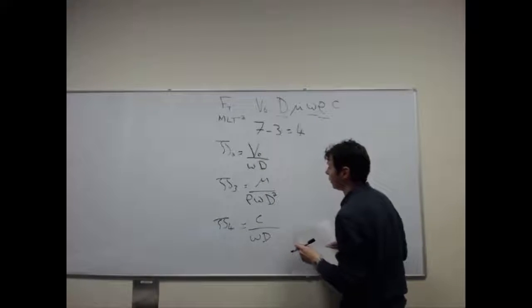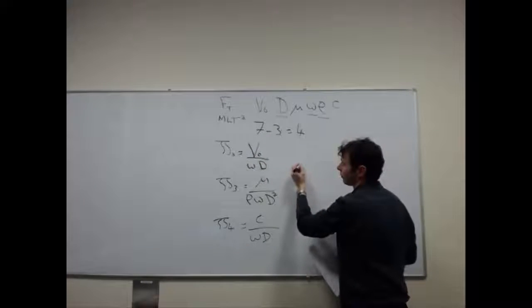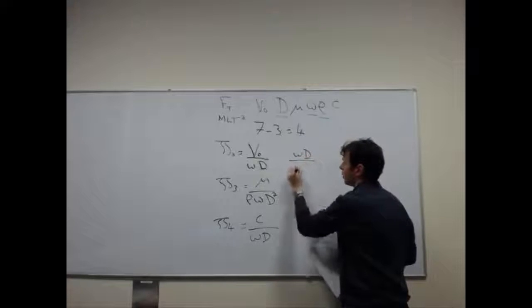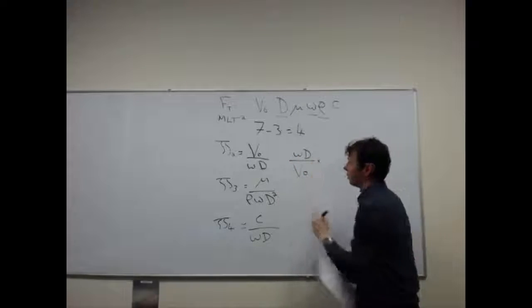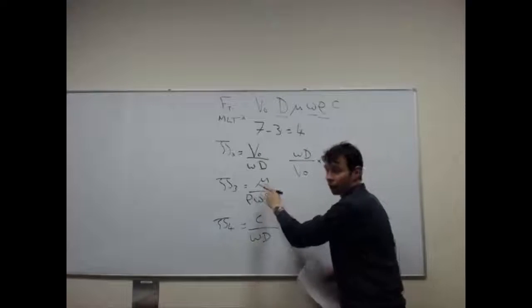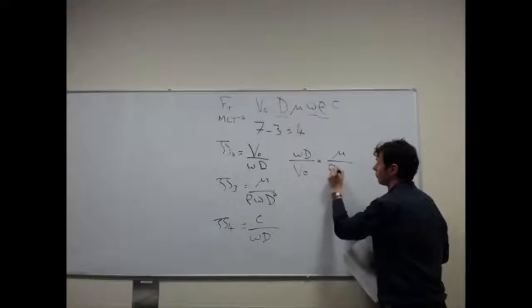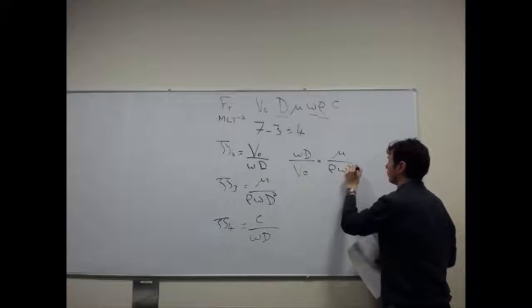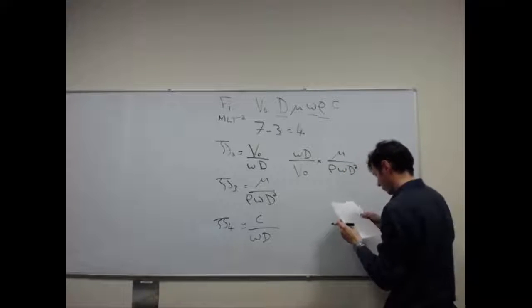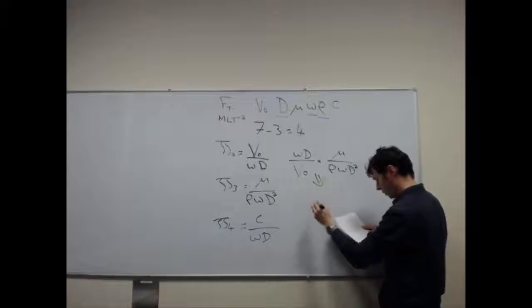So here, if we invert pi 2, omega d over V naught, then multiply it by this one, you'll end up with Reynolds number.